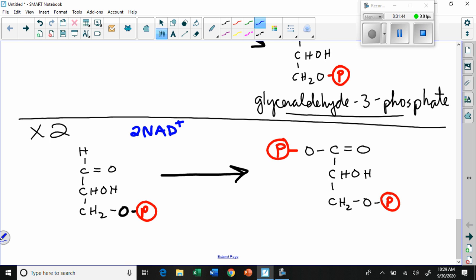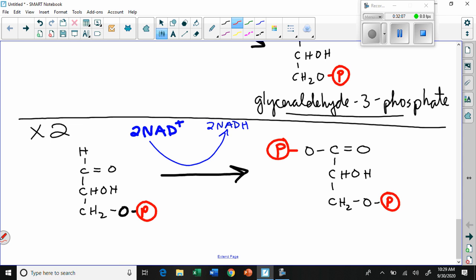So just bear with me on that. They come into this reaction, and two things happen. They turn into two NADH. And in the process, two inorganic phosphates have to go into this.